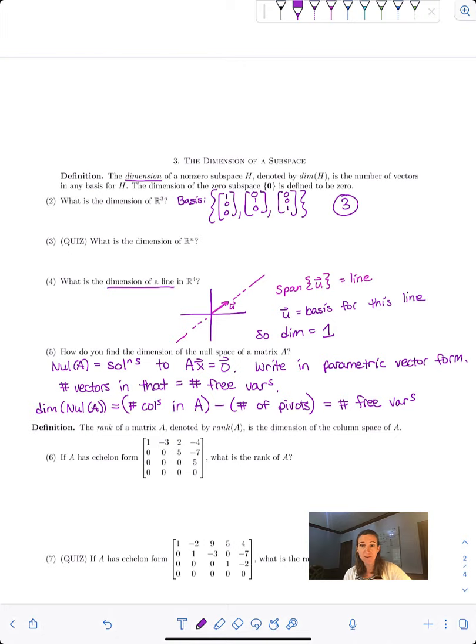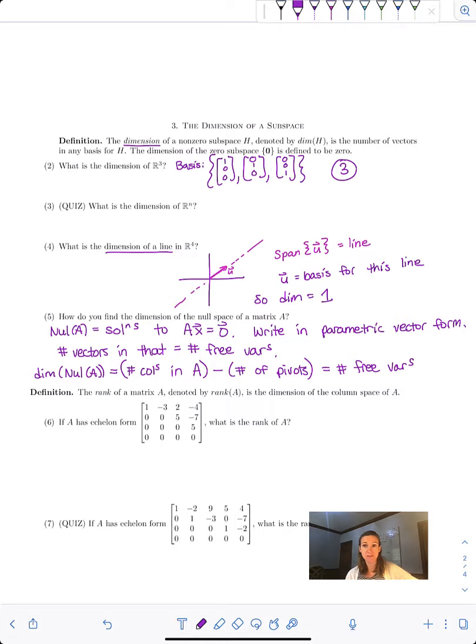We also have a notion called rank. The rank is the dimension of the column space. We've talked about the dimension of the null space being the free variables. For the column space, we want to know the number of vectors in a basis for the column space of A. If you remember from last section, a basis for the column space of A is given by the pivot columns.